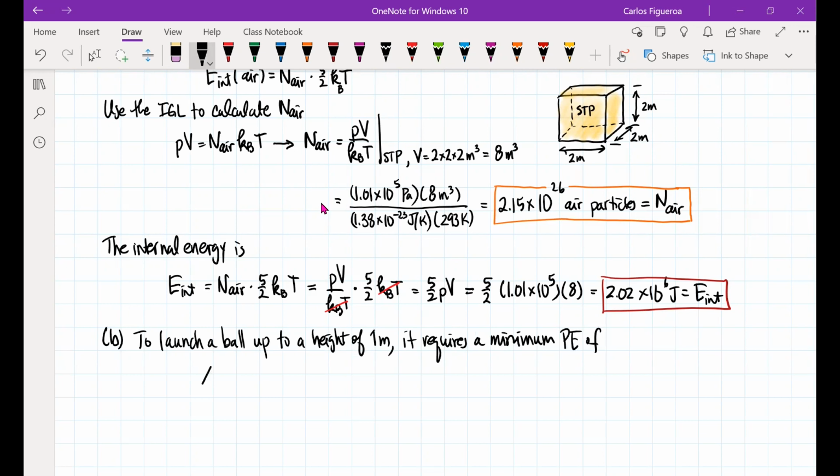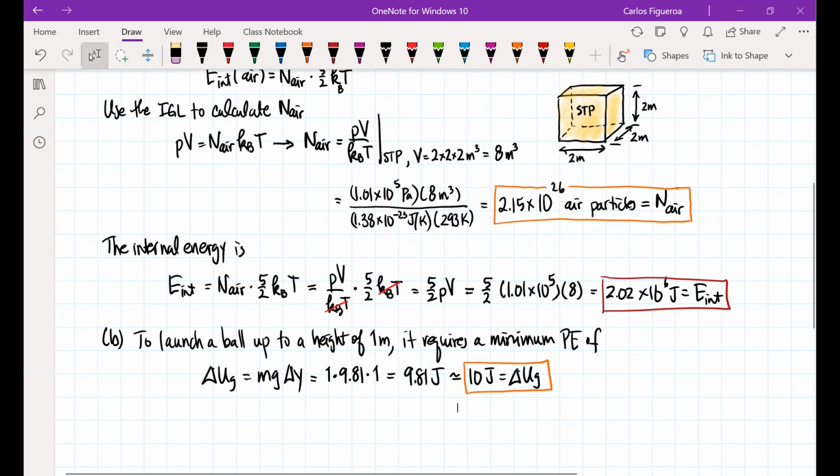So you have to change the gravitational potential, which of course is mg delta y. I have a mass of 1 kilogram, the acceleration due to gravity, and it goes up 1 meter. So this clearly gives me 9.81 joules, but because this is so small compared to everything else, I'm just going to say that this is 10 joules. So right now, this is how much energy is required for a ball to go 1 meter.